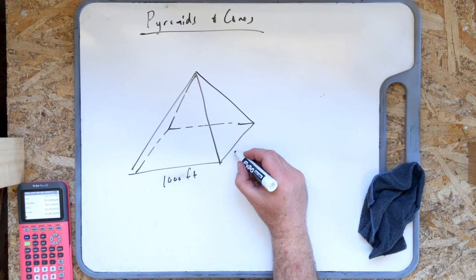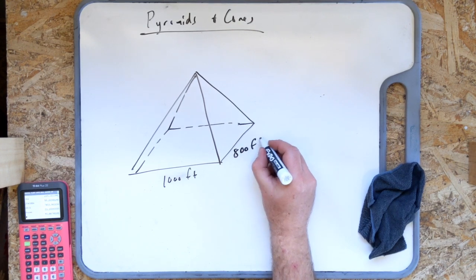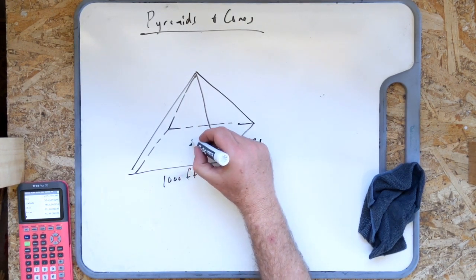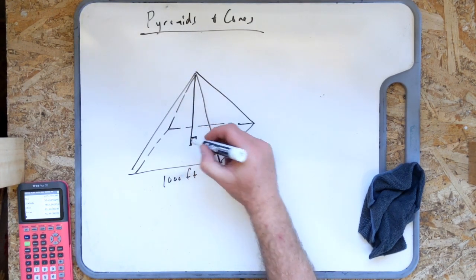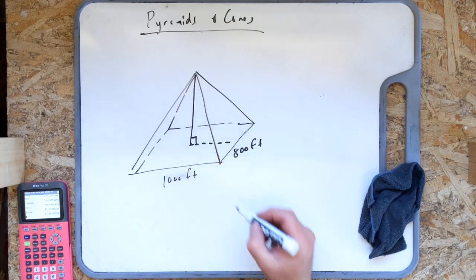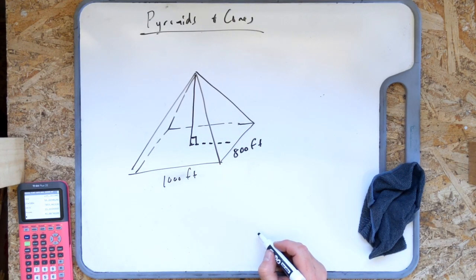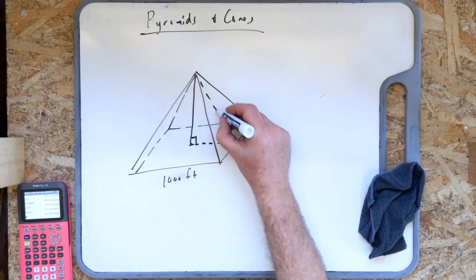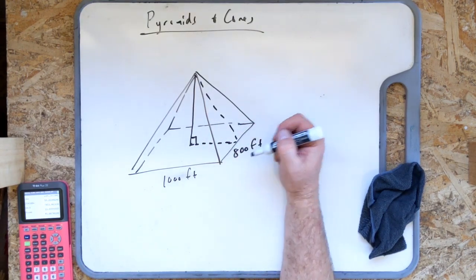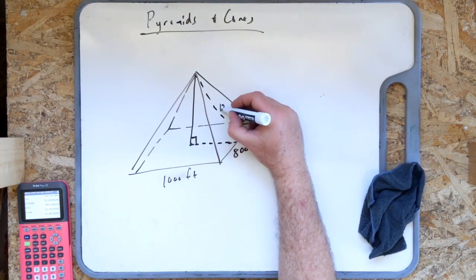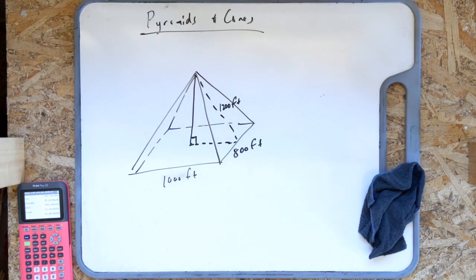And we'll make a rectangular Egyptian pyramid, 800 feet. And actually, what I'm going to do is give you the slant height. So let's say the slant height is 1,200 feet. Okay, so what I want you to do is to find the volume of that pyramid. Pause the video.